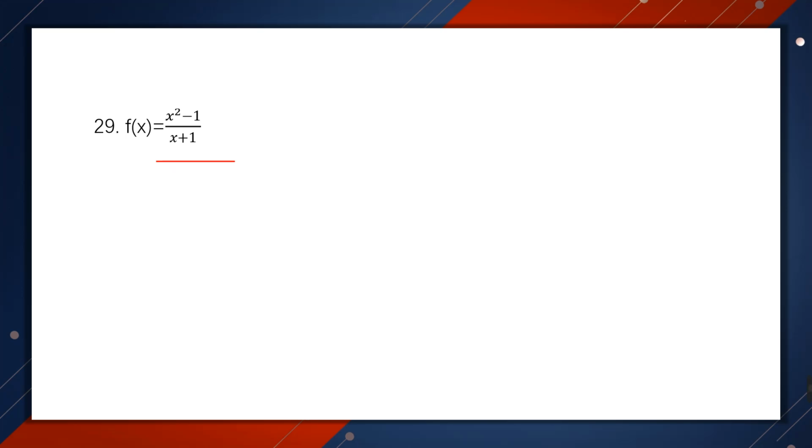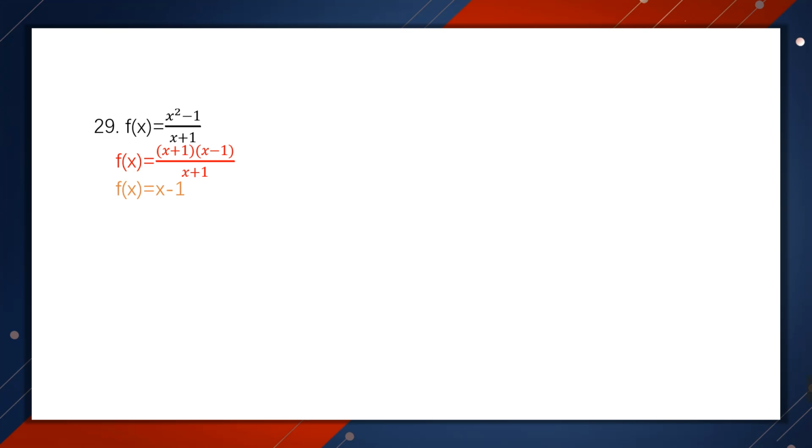Then if the function f of x equals x squared minus 1 over x plus 1, we can first factor x squared minus 1 into x plus 1 times x minus 1. So we can find the same factor x plus 1 in the denominator and numerator, so we should first cancel it.